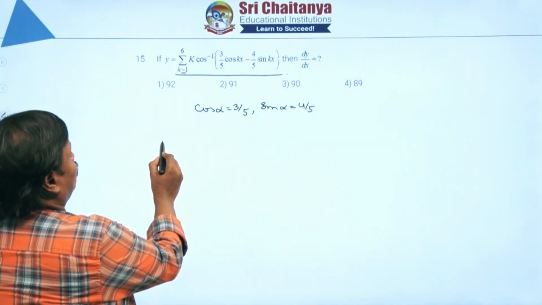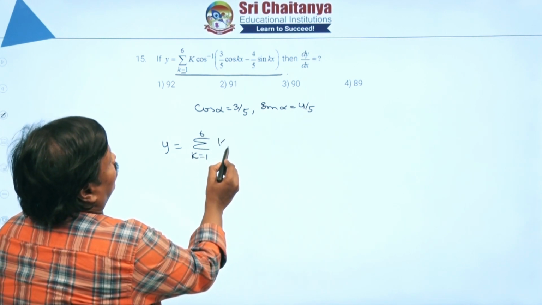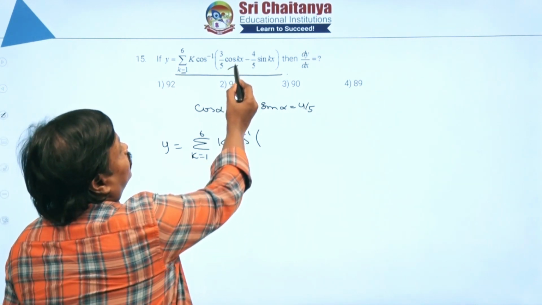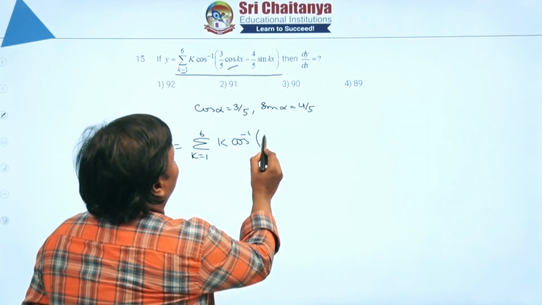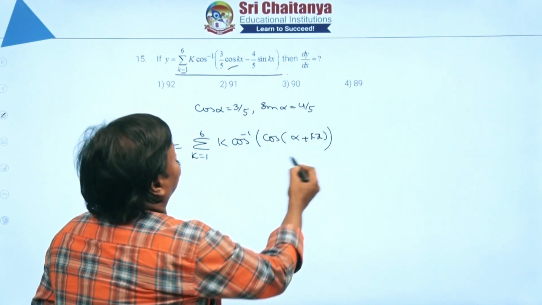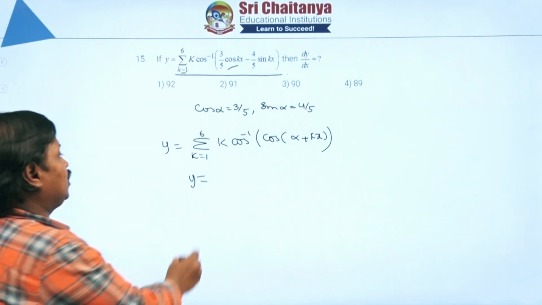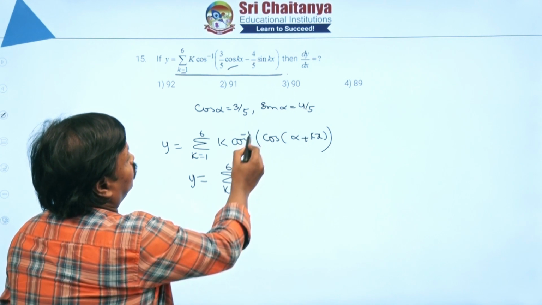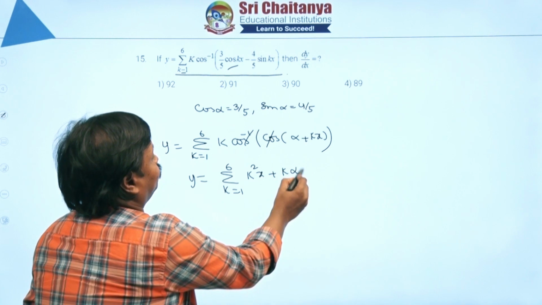Then it becomes y equals sigma k equals 1 to 6 of k cos inverse of cos alpha cos kx minus sin alpha sin kx. Using the cos A plus B formula, it becomes cos of alpha plus kx. So I can write y equals sigma k equals 1 to 6 of k into, if I cancel this, k square x plus k alpha.